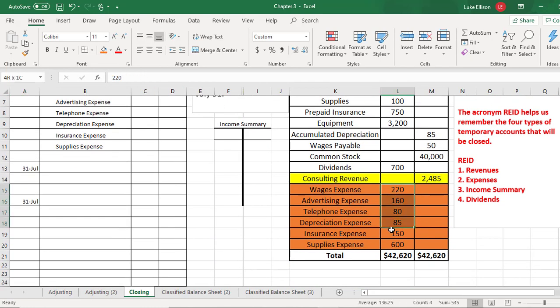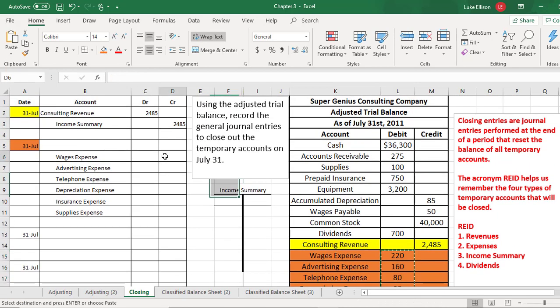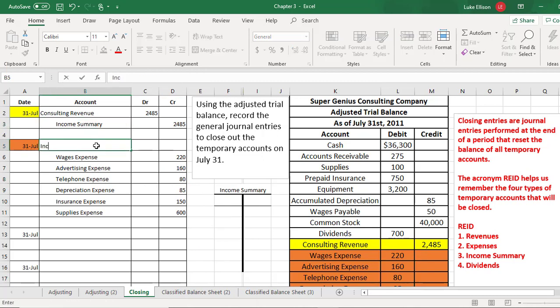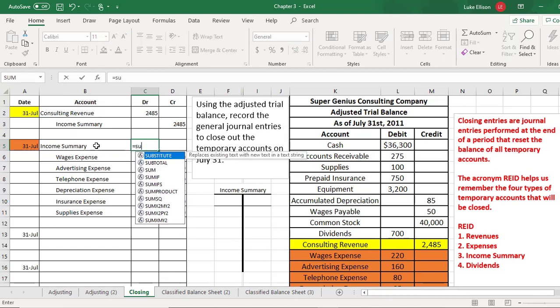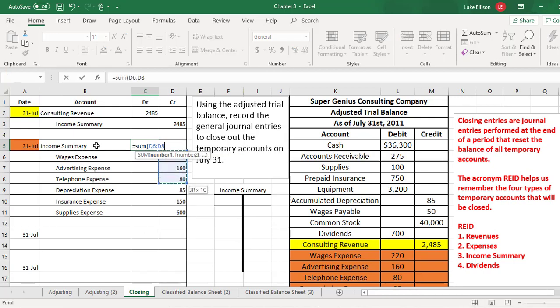And then I can also grab the values here. And the debit, kind of similar to step one here, is also going to be income summary. And that's going to be for the total of all of the expenses. So you'll need to add all those up, and in this case we get $1,295.